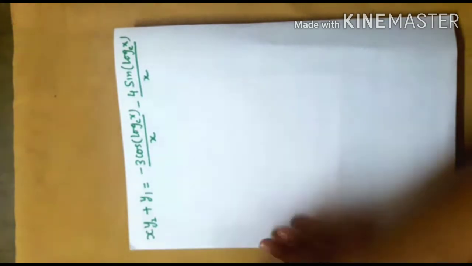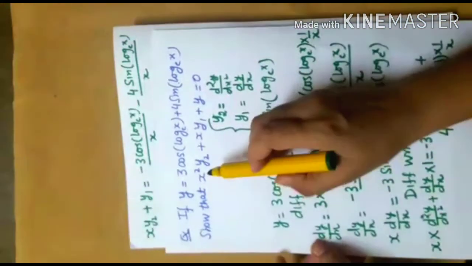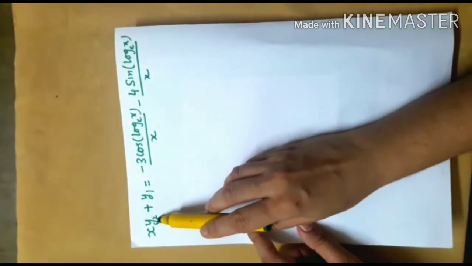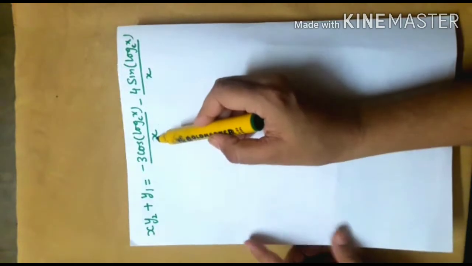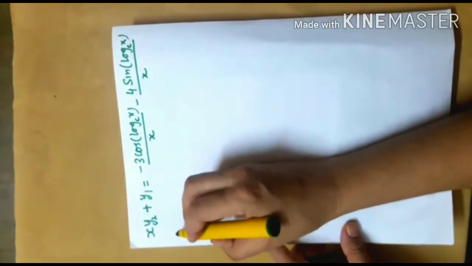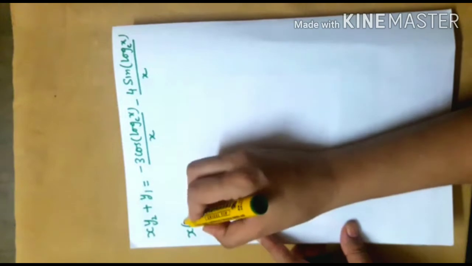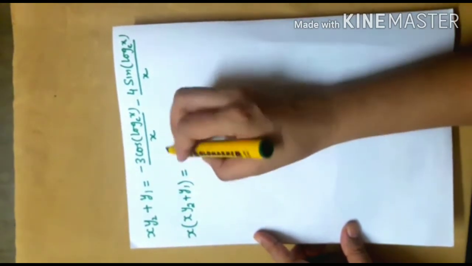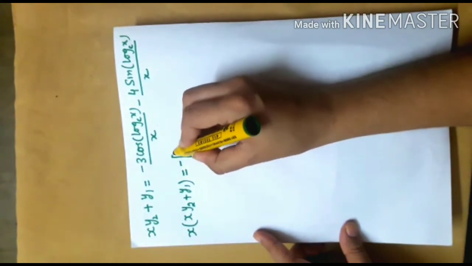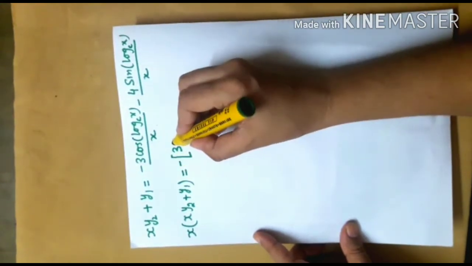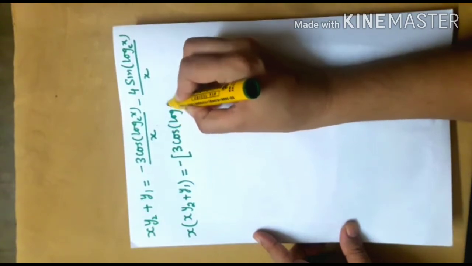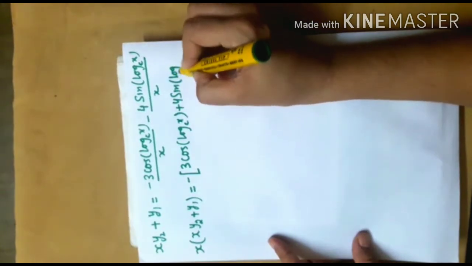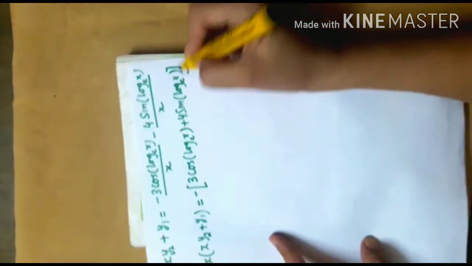Now look here. I want x square y2. I have x y2. So what do I do? I transpose this x to this side. So it will be x into x y2 plus y1, and here I'll get minus 3 cos log x to the base e plus 4 sine log x to the base e, right?